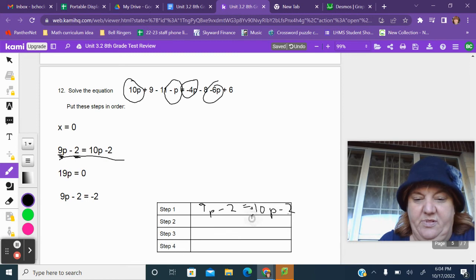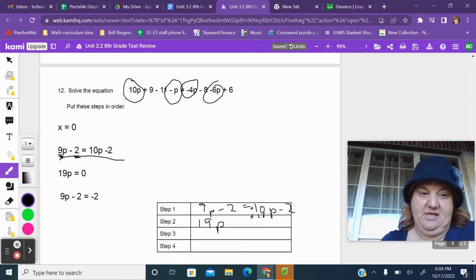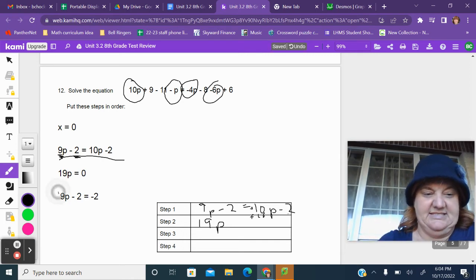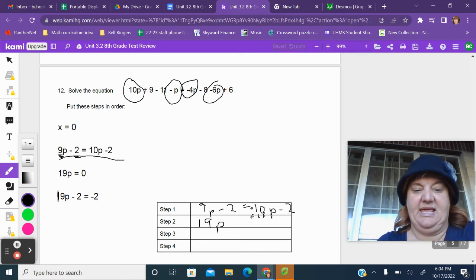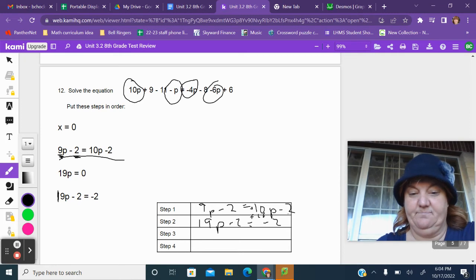So that way we go plus 10, plus 10. So now we have 19p, right? Oh, wow. The second step, this is a typo. That should have been 19. Oh, well, minus 2 equals negative 2.